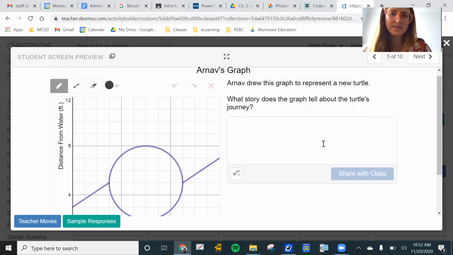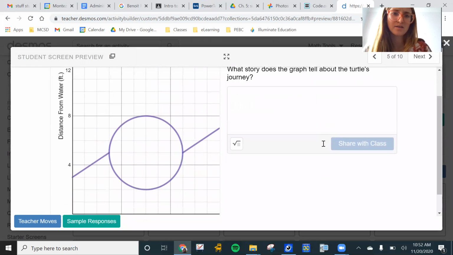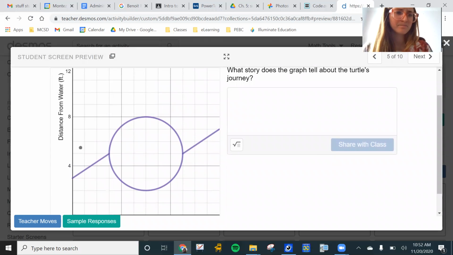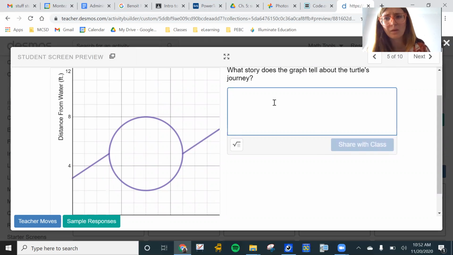So this is a little funny. You might think the turtle walks around in a circle and then continues on. But think back to the first level, where I put in a circle graph. What happened? The turtle split into two, and one was walking toward the water, so the distance was getting smaller, and the other turtle was walking away from the water.